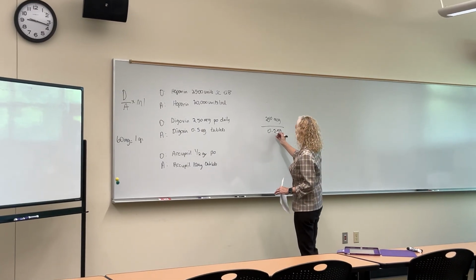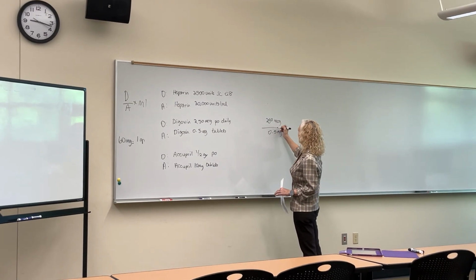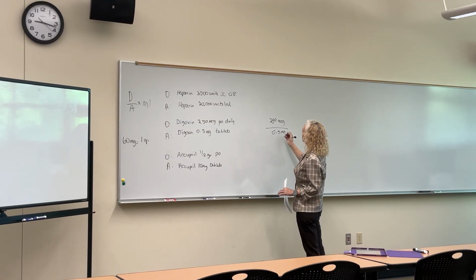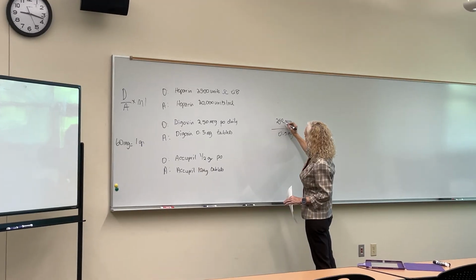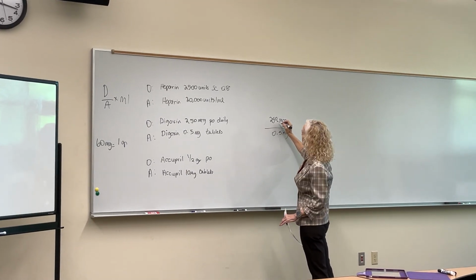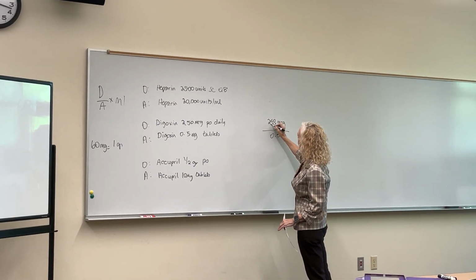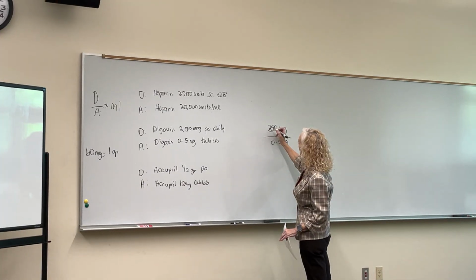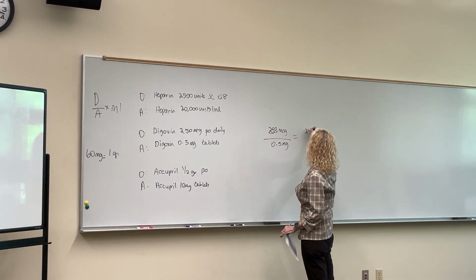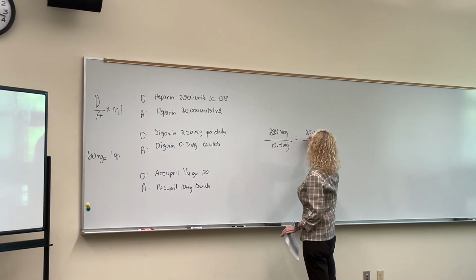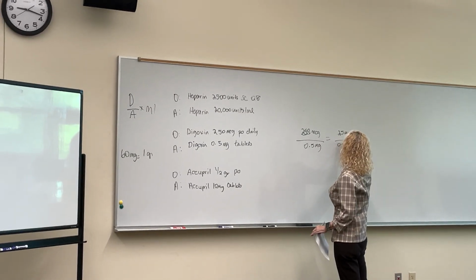So to convert the microgram into the milligram, you're gonna move the decimal point. So this decimal point is here because it's a whole number. So we're gonna move it 3 places to the left. 1, 2, 3. So what this now turns into is 0.25 milligrams over 0.5 milligrams.